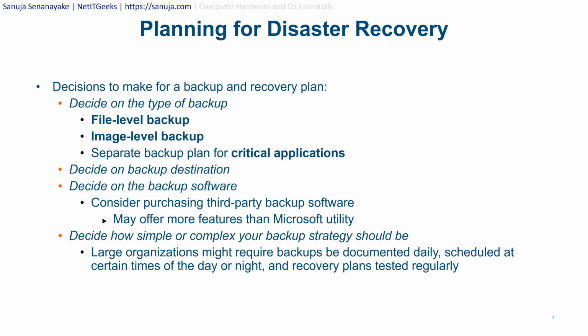It has a way to create image level backup of all the connected devices, for example. So image level backup will ensure that not only the operating system is backed up, but you can also back up drivers and everything associated with it.